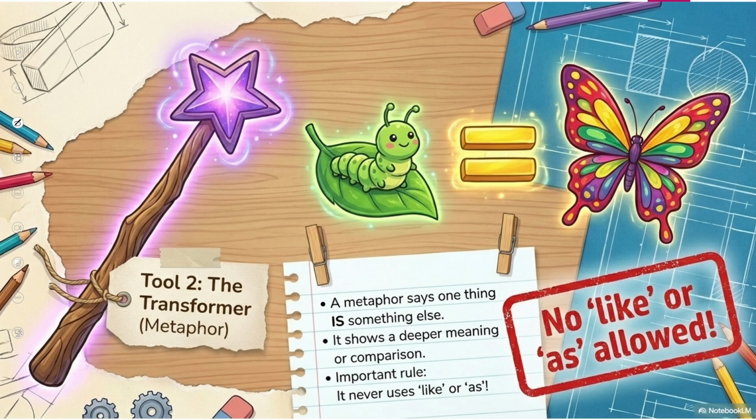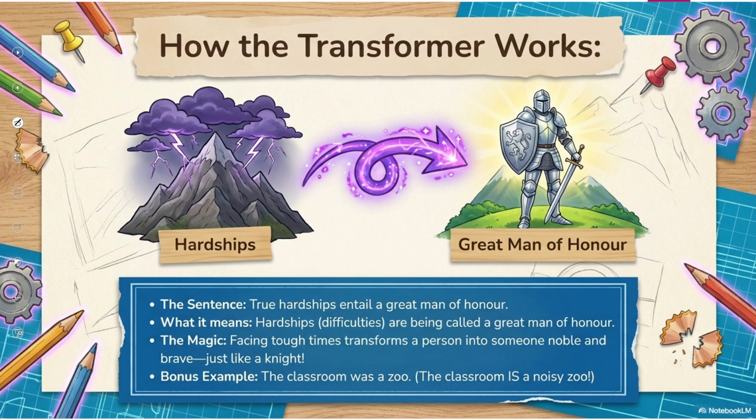Then we have the second magic tool, second figure of speech, which is metaphor. Metaphor is also used to compare things, but in this we do not use as or like. It shows a deeper meaning or comparison. Important rule, do not use like or as in it.